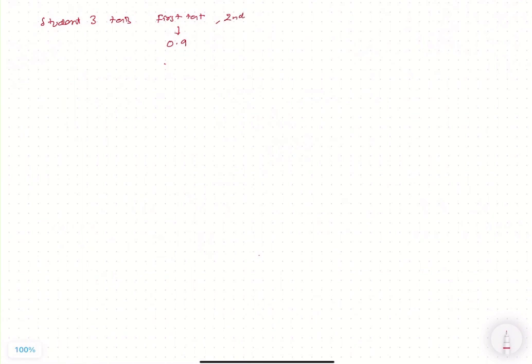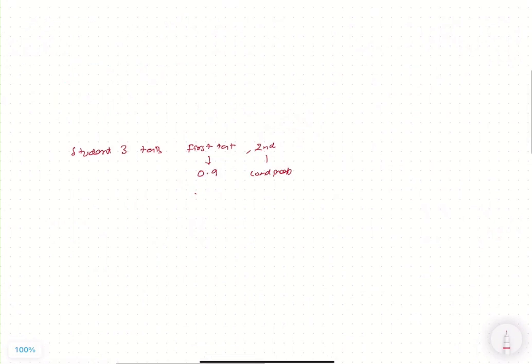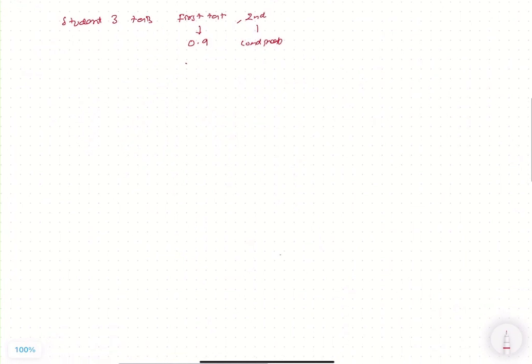And if he also passes this one, for which the conditional probability is 0.8, he takes the third test, for which the conditional probability is 0.7. If he fails a test, he is not allowed to take any other test.